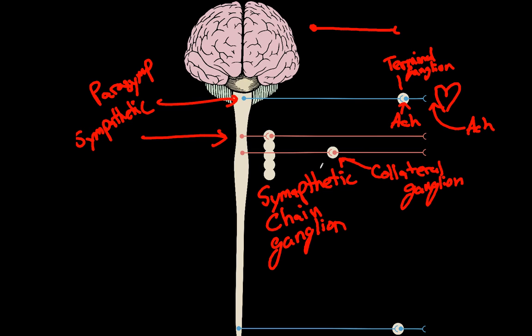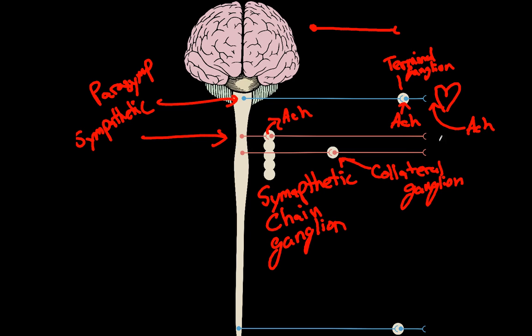So let's talk about what neurotransmitters are being used in both of these places by the sympathetic nervous system. Well, it turns out that in both the ganglia for the sympathetic nervous system, the neurotransmitter being used is acetylcholine. Big surprise. It's what we've been talking about all along.